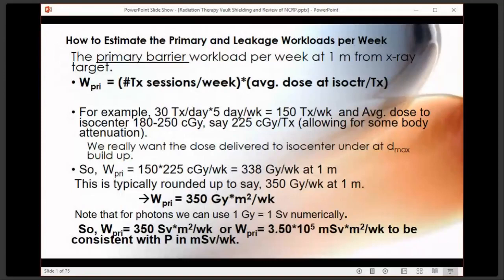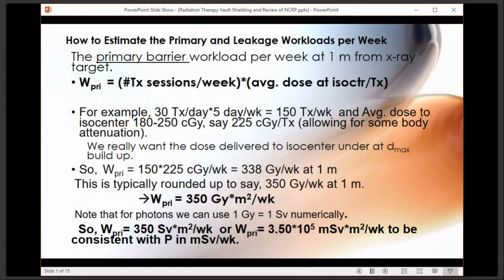Then, I've got a little note here that we really want the dose delivered at isocenter under Dmax buildup. That's really what that dose should be. So the primary barrier workload would be 150 times 225 centigray per week, or 338 gray per week at 1 meter.